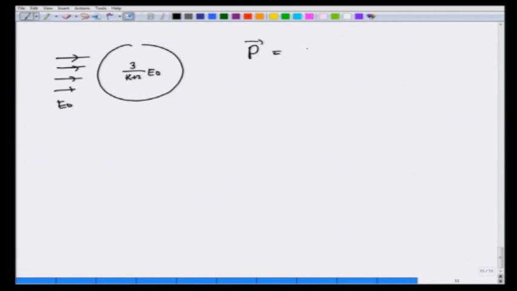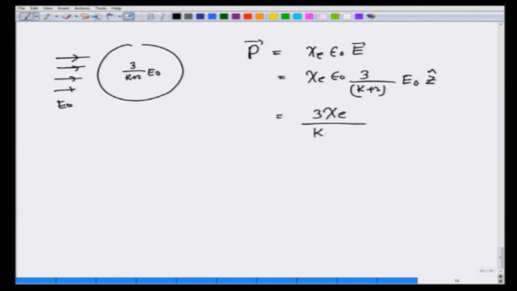The polarization will be equal to chi e epsilon 0 E at that point, and therefore this is going to be chi e epsilon 0 times 3 over k plus 2 E 0 z, which is 3 chi e over k plus 2 epsilon 0 E 0 z. That is the P.